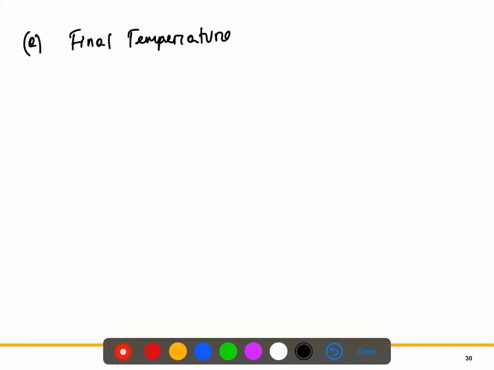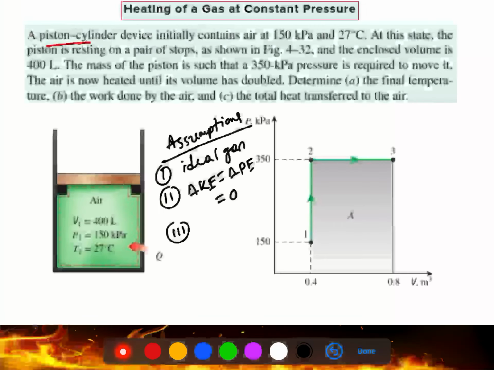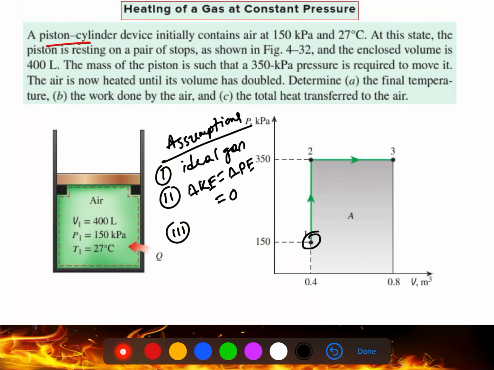As we said, air is an ideal gas here. This is the initial state, this is the final state. We know temperature here, T1 equals 27, and we need the temperature T3. So we will apply the ideal gas relations for state 1 and state 3.